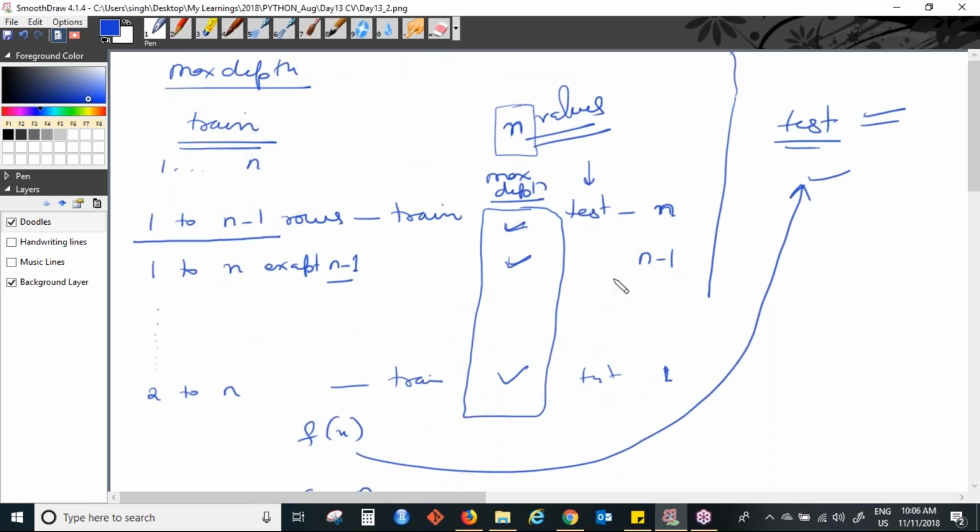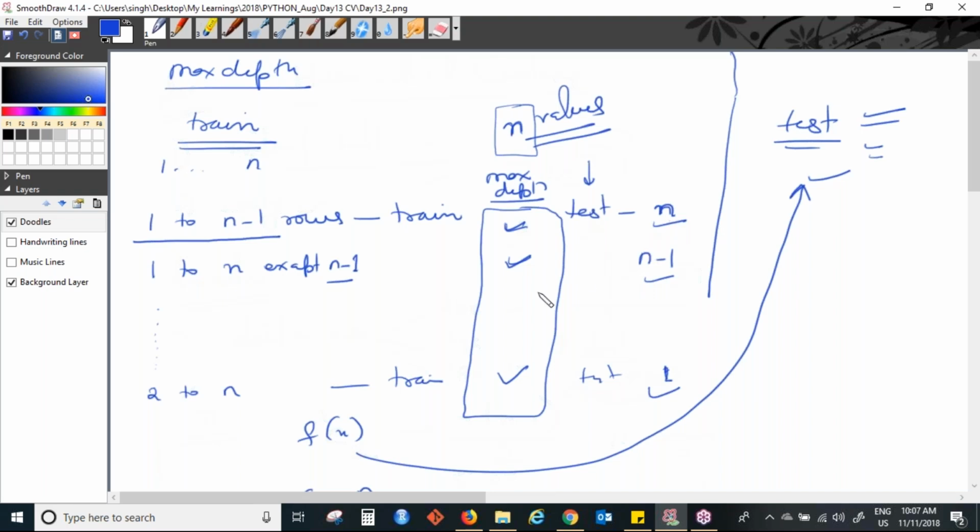Because we don't know what we will get in our test data, right? Will we get the nth row or n minus 1th row or the first row? We don't know. So we will try to build a very generic model. We will not try to build a specific model which performs well only on some particular data. We will try to build a model which performs well in general, so that whatever kind of data you get, it performs well.